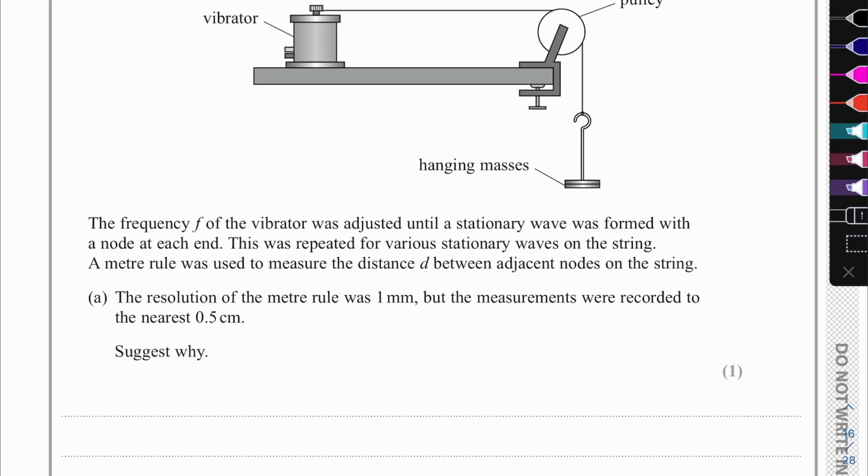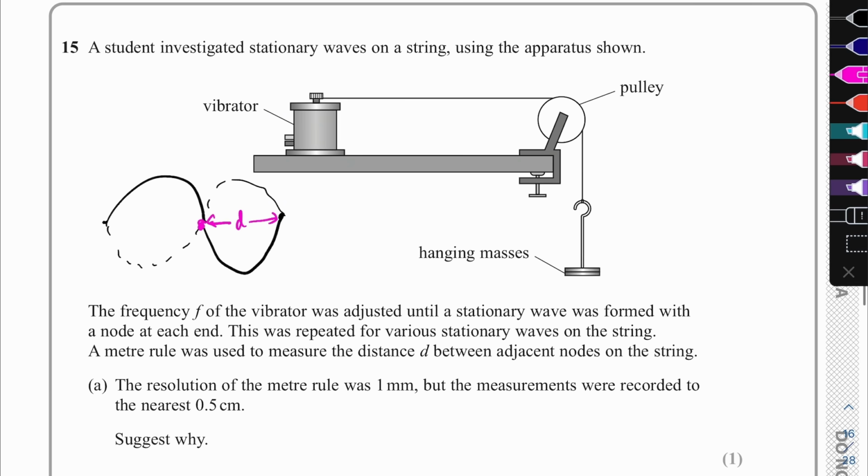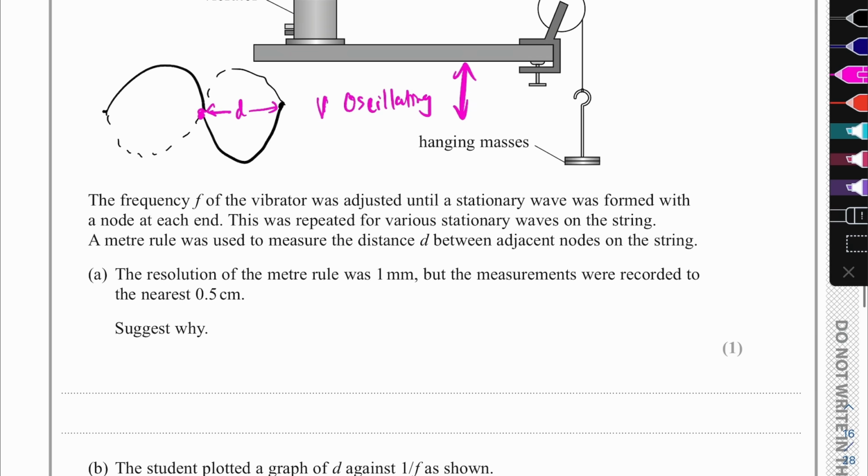Again, for those who may not have seen the practical, we have 2 adjacent nodes. So this is the practical. The distance we're trying to measure is from here to here. Because the string is oscillating in real time, back and forth, it's very hard to get this d accurately.